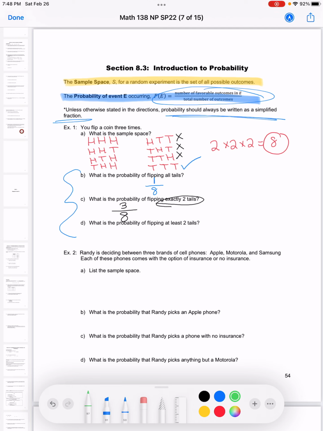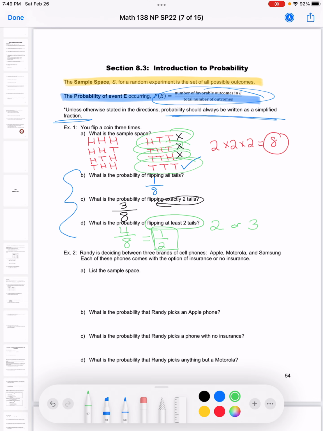And then last, the probability of flipping at least 2 tails. At least means 2 tails or 3 tails. They would all be good numbers. So that is all 4 of those. All 4 of those have at least 2 tails. So that would give me 4 eighths, which I can then reduce down to 1/2. And remember, your calculator will reduce these fractions for you, and I'll be happy to show you how to do that in class if you're not sure.